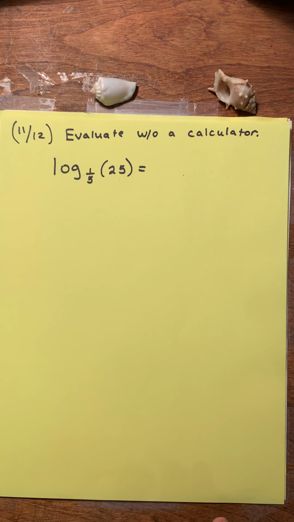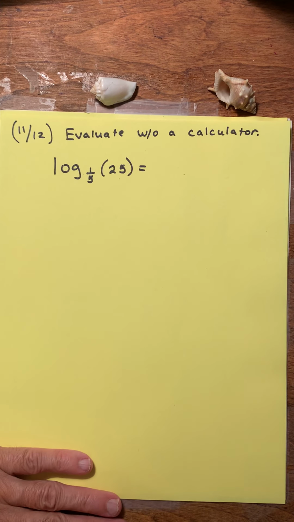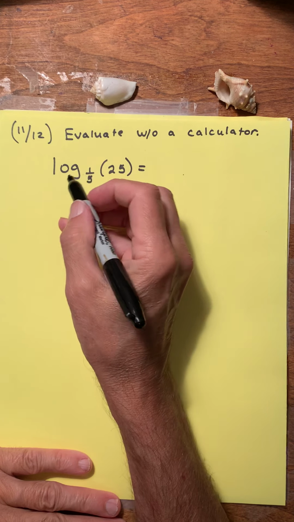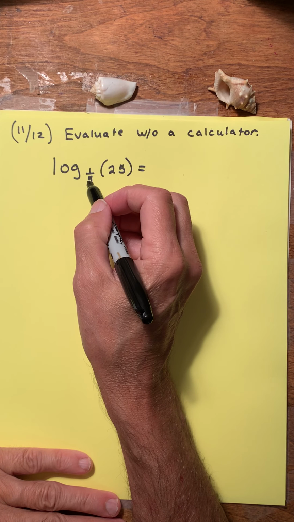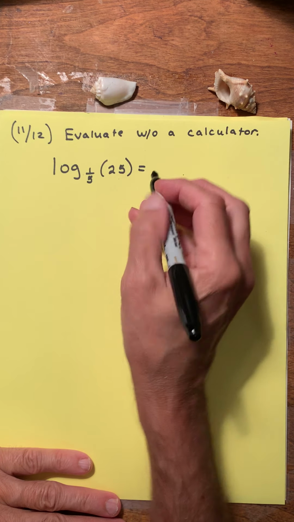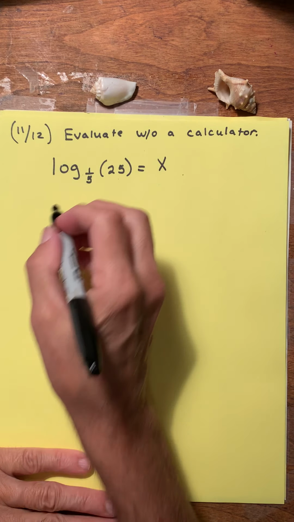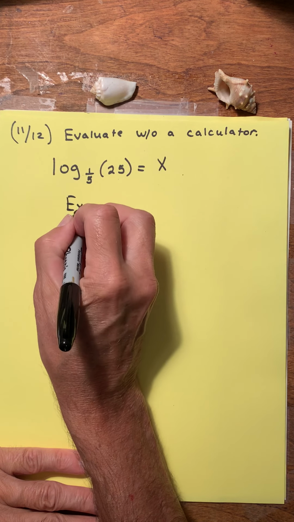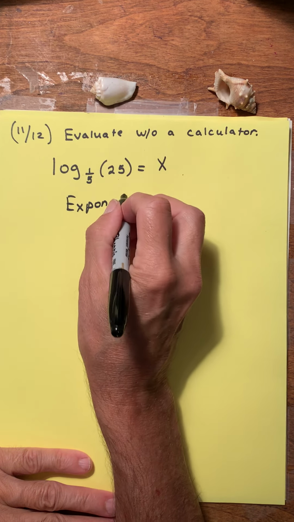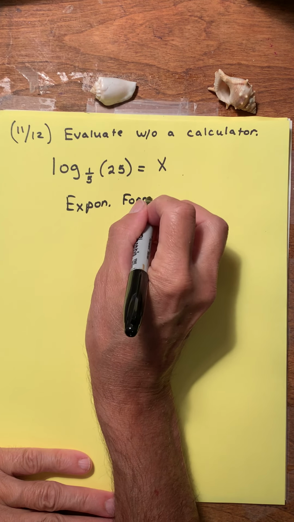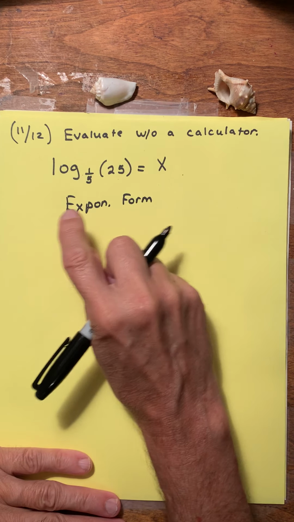All right, it says evaluate without a calculator. Let's see, log base 1/5 of 25 equals, let's say, x. I don't know. Let's see here. Oh, well, let's put it in exponential form and see if something becomes obvious. What to what power?